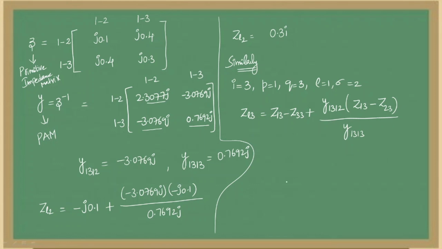Okay. Now what is z13? It is 0. It is also 0, and it is minus what is the z33 value.